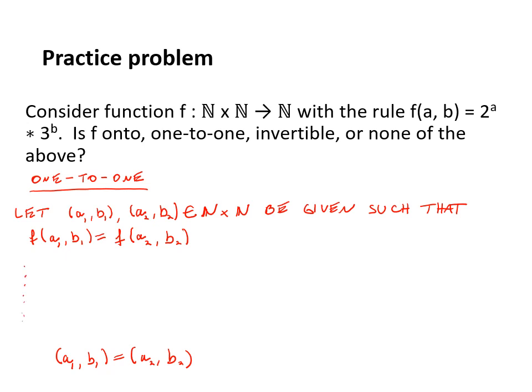Okay, so if we plug in the rule for f, here we get that 2 to the power of A1 times 3 to the power of B1 is equal to 2 to the power of A2 times 3 to the power of B2. So because 2 and 3 are prime numbers, they're divisible only by 1 and themselves.